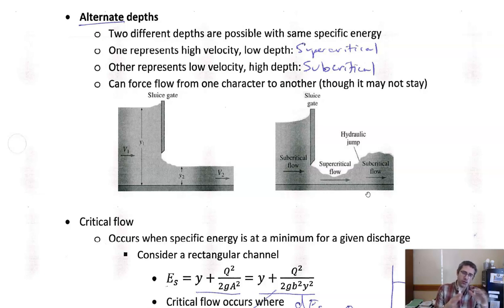Force it back to subcritical flow, then let it go back to the natural channel where it's a little bit slower. So we've got the sluice gate, but then it might require something else to trigger this back up into subcritical flow. Energy dissipation blocks, for example, are a common one that can be put on the channel bottom.